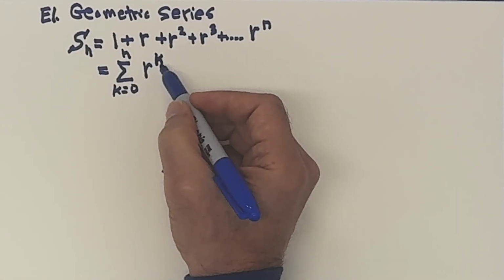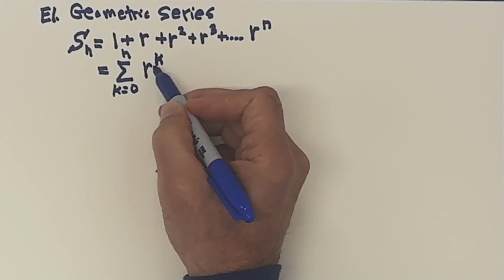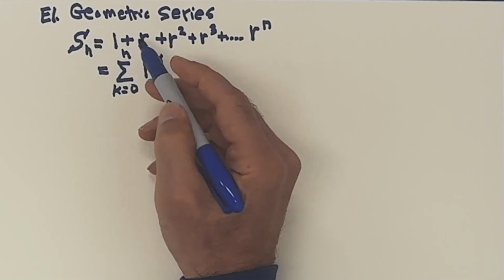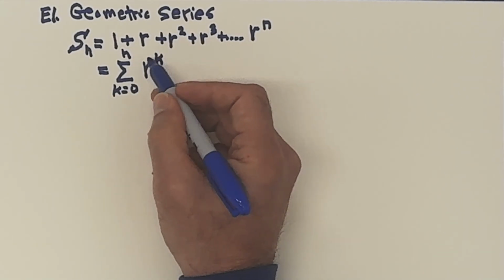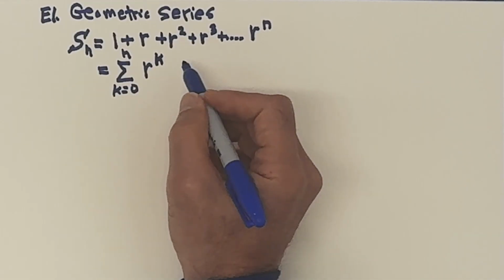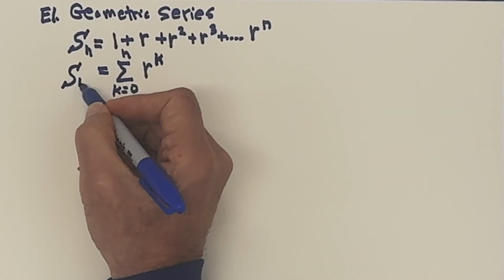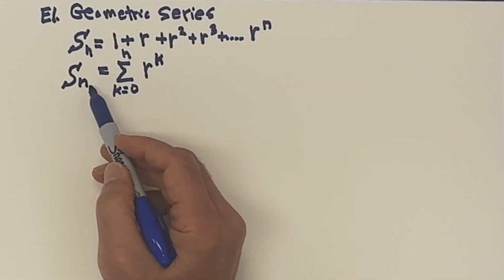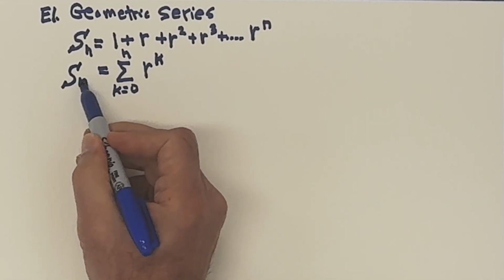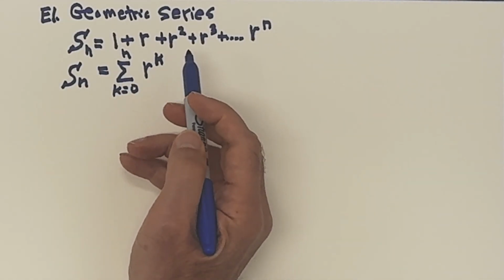So when k is 0, I would have r to the 0, which would be 1. Then when k is 1, I would have my r, and then when k is 2, I would have r squared, and so on like that. So we'll call that the sum when there's n plus 1 terms, but I'll label that as S sub n, which means we go from 1 out to r to the nth power.